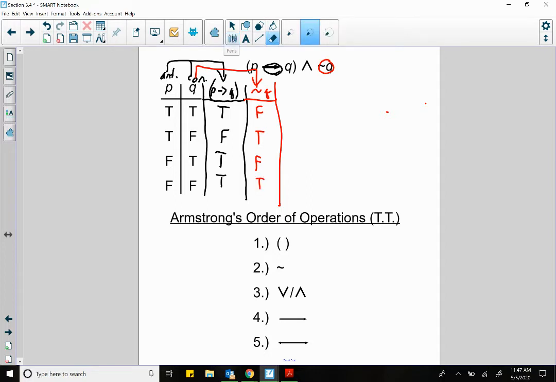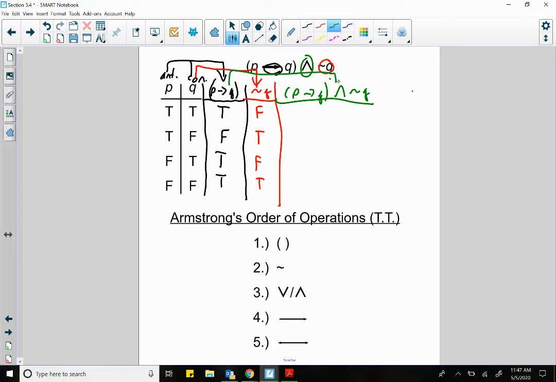And now the last piece, do I have ands and ors? Absolutely. And after this, there's nothing else to do because we've taken care of the rest of the symbols. So we're going to take care of the parenthesis and put an and with the negated Q. There's a reason why we made these columns, because we're going to use them now.